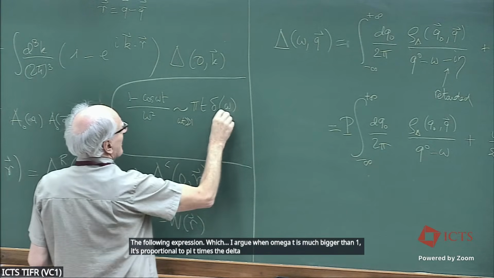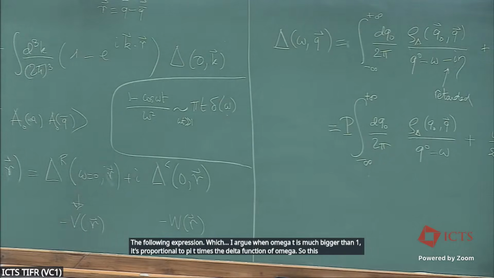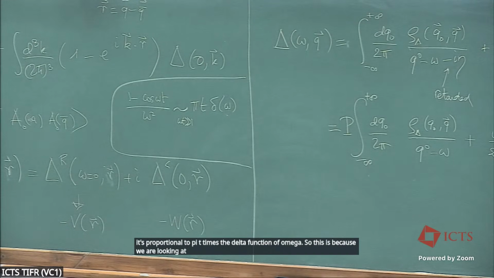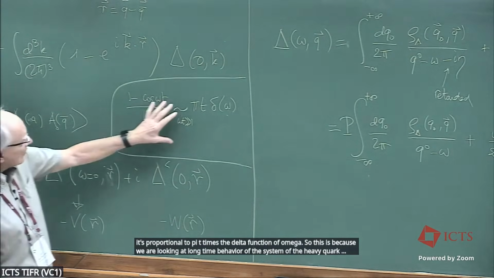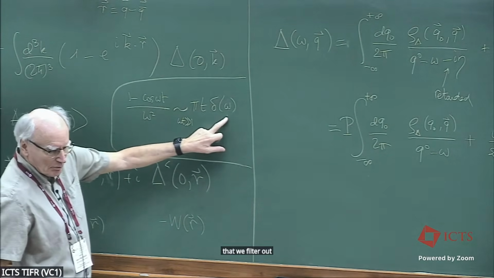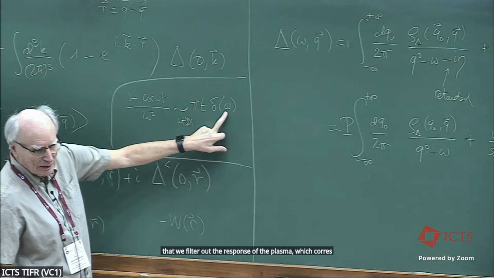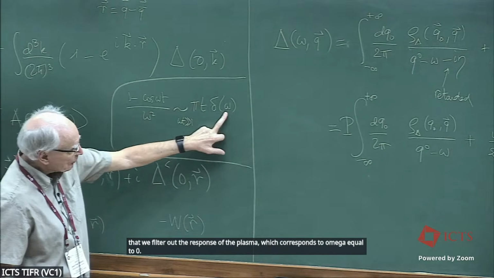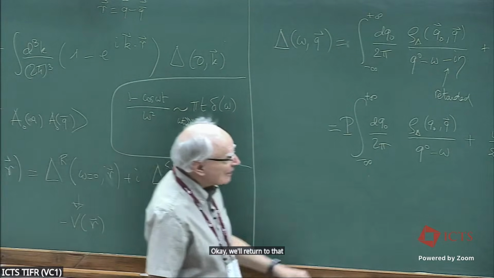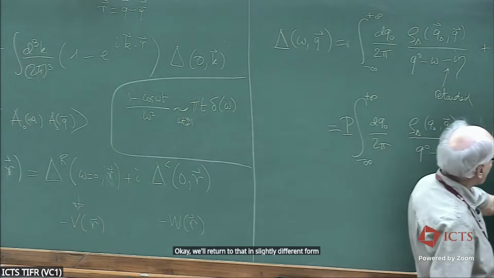of omega. This is because we are looking at the long time behavior of the system, of the heavy quark dynamics, that we filter out the response of the plasma, which corresponds to omega equal to 0. Okay? We'll return to that in a slightly different form a little bit later.